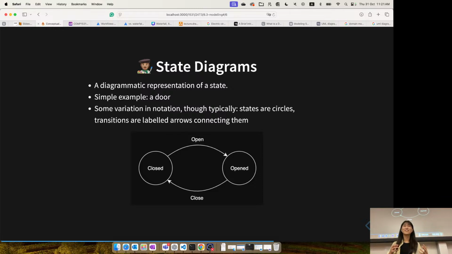Each transition has a definite start and end point, I guess. Yeah, it needs to have a starting point and an end point. Otherwise, for example, you have closed and you have an arrow with an open action for it, but there's no end state. So when we develop a system, we have no idea what the state needs to change to. So there should be a start and an end state.